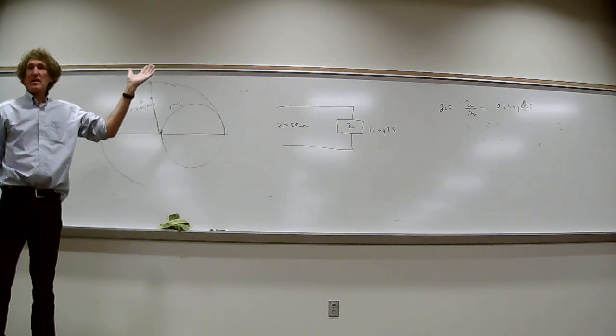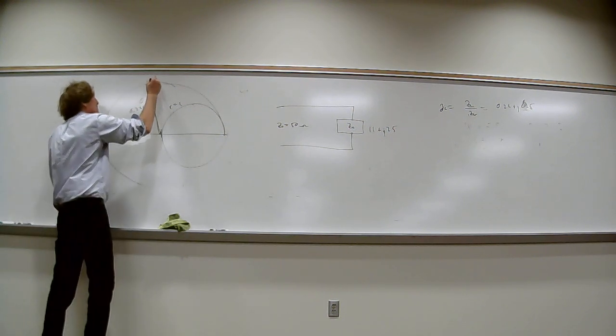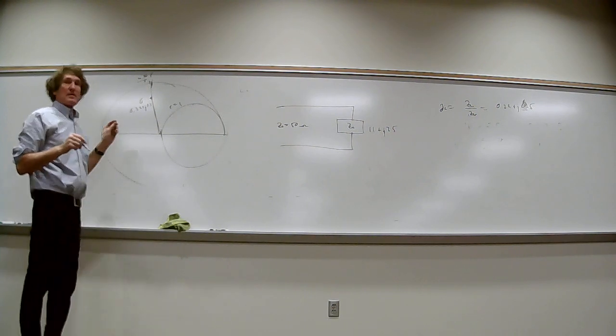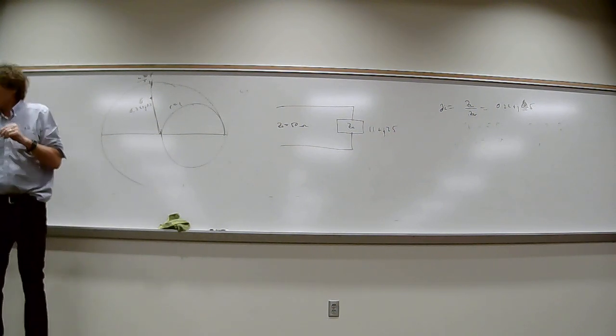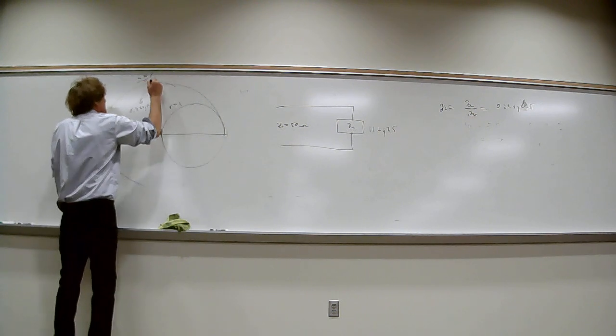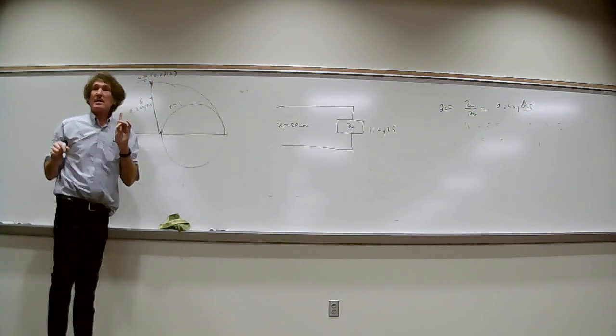Now, what's the wavelengths toward generator? If you have your book, you can just read it off. Like 0.076. All right, anybody confirm that? 0.076 lambda. You got it?